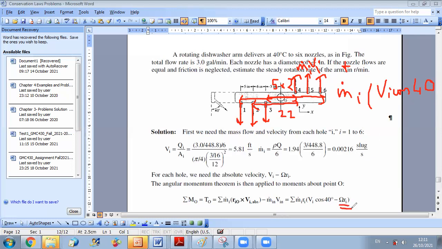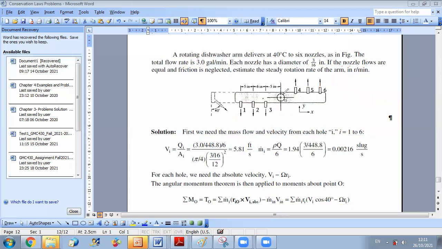RI is varying, so I cannot take it as a common factor, okay? Because when you take the first couple, what is RI for the first couple? For the first couple, RI is 5. For the second couple, RI is 5 plus 6, 11. And for the last couple, RI is 5 plus 6 plus 5, which is 16.